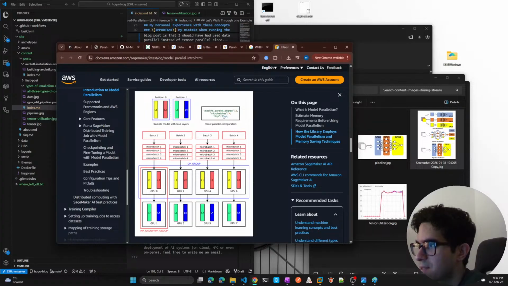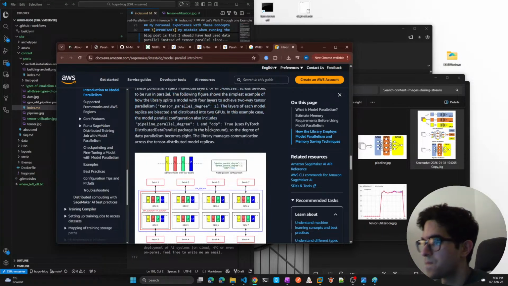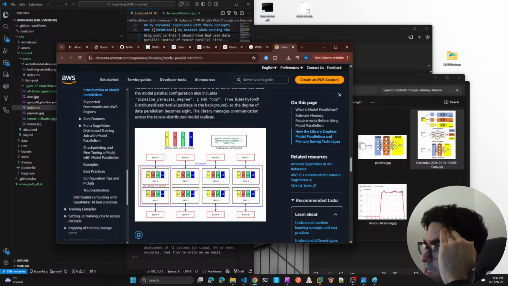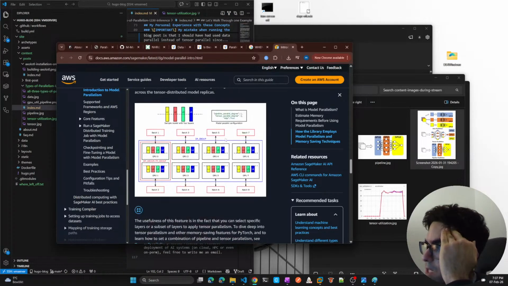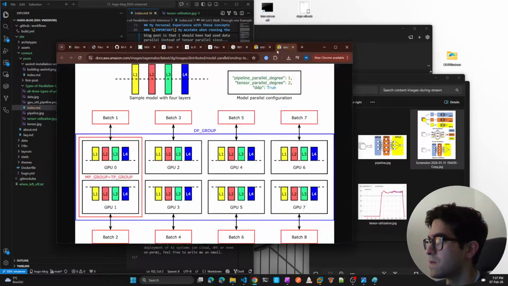Okay, this micro batch is also a question for me. I think I also have to have a look at that. Here, pipeline parallel. I'm not sure if it's visible or not. Okay, much further.